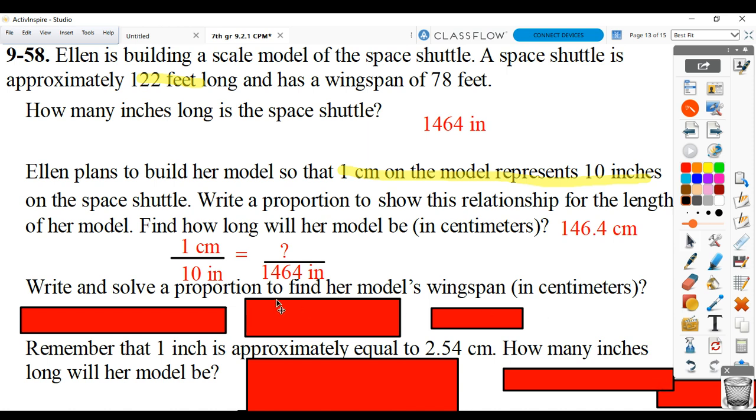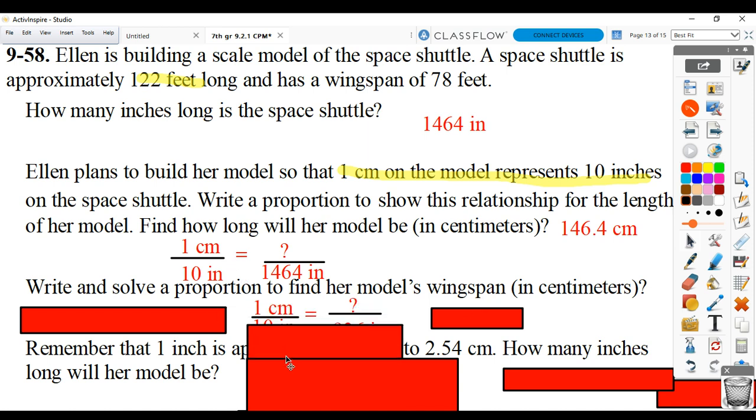All right. Then they want you to write and solve a proportion to find the model's wingspan in centimeters. So again, you're going to use the same concept. 1 centimeter to 10 inches is your ratio. But what we're doing is replacing the wingspan with the amount of inches that it is.